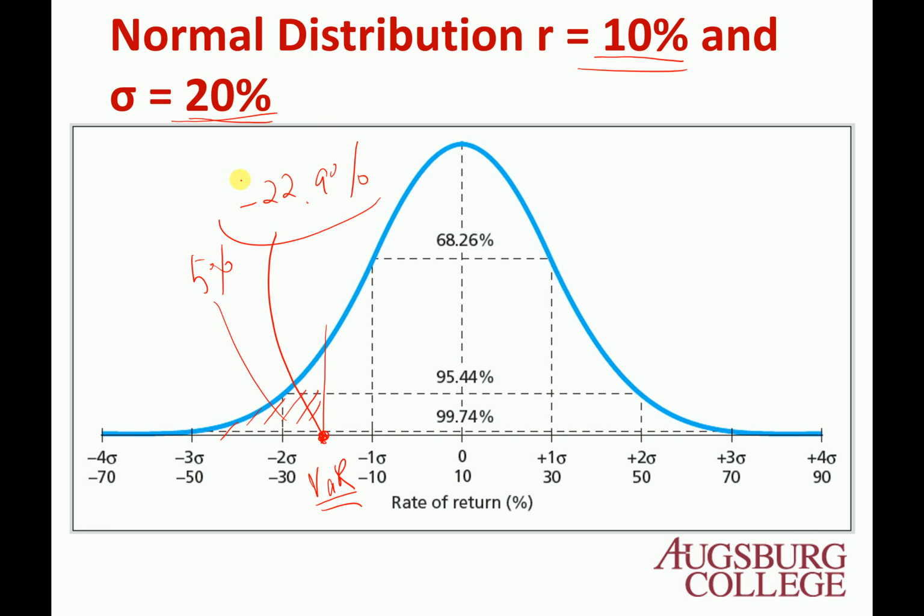That's the kind of worst case you can expect. It's called the value at risk. So you can calculate the value at risk using the Excel formula NORM.INV, with the probability, expected return and standard deviation, and usually just 5% for value at risk.